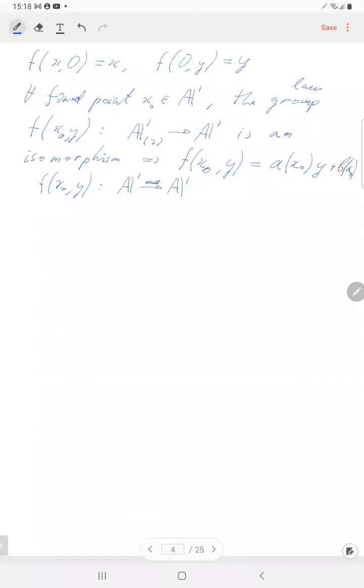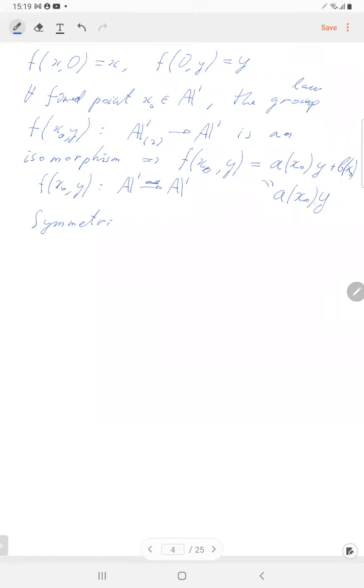And also, you know that from the very first line, f of x0 is x, f of 0y is y, so it means that it actually equals a of x naught times y. Sorry, what am I saying? No, I'm saying something stupid.